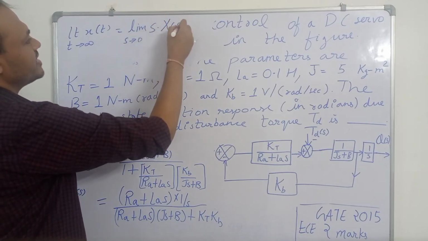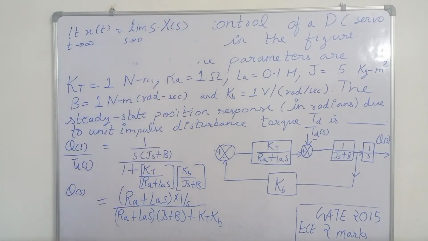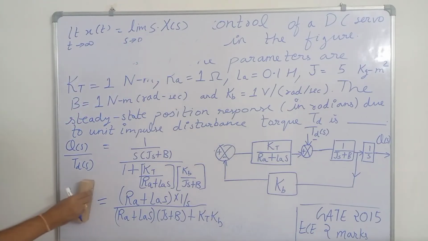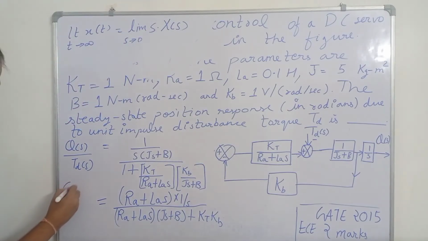This is the final value theorem. If we apply it here, we equate s to 0, and we have to multiply by s.